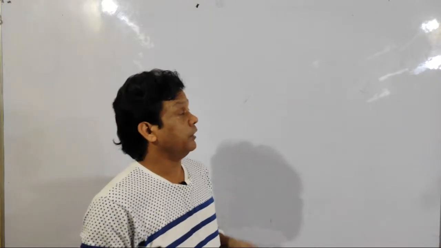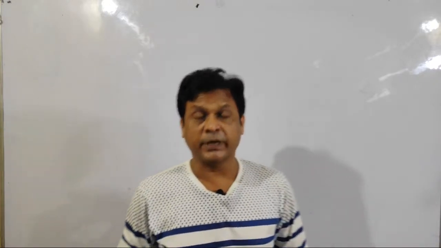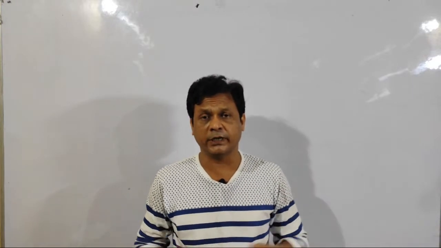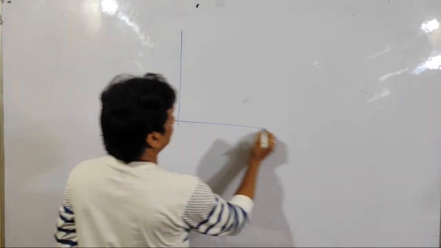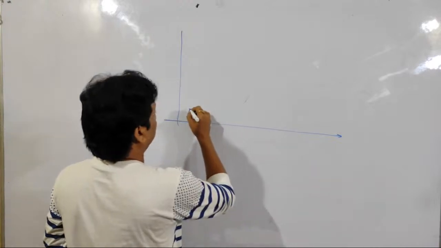Now our main topic is maxima and minima, and there are two tests in order to know where the function attains maxima and where the function attains minima. See here, first of all you should know about the meaning of maxima and minima.